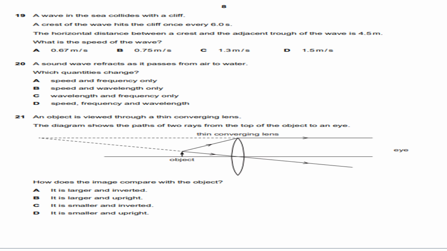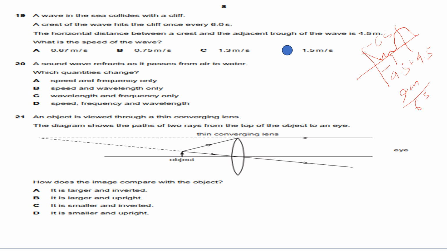So here the crest of the wave, total distance (4.5 plus 4.5) and the time 6 seconds. So the velocity is 9 meter per 6 second, equal 1.5 meter per second.